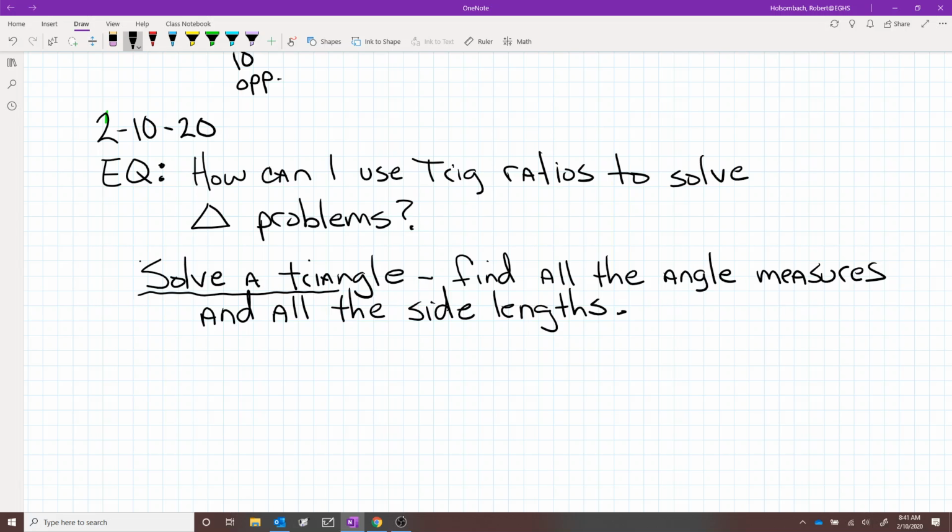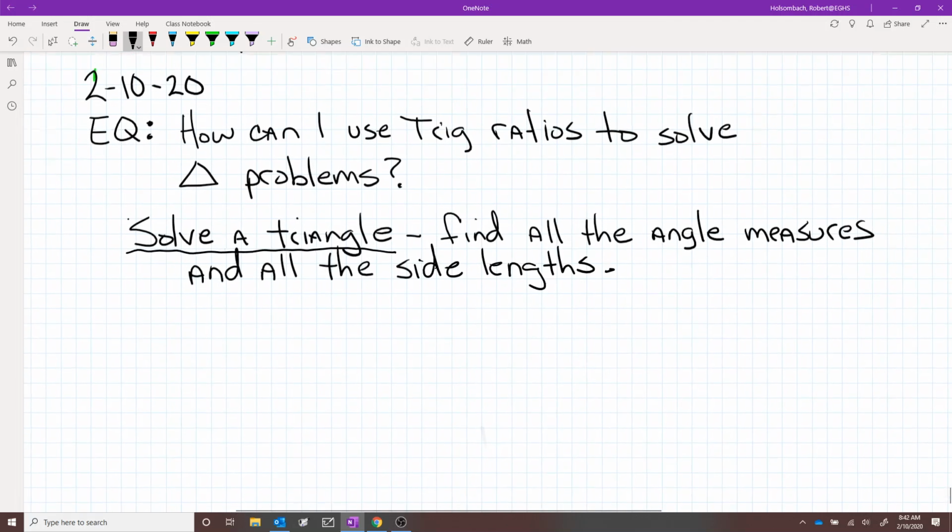Solving a triangle means to determine, find out, figure out, solve for all of the angle measures in the triangle and all of the side lengths.